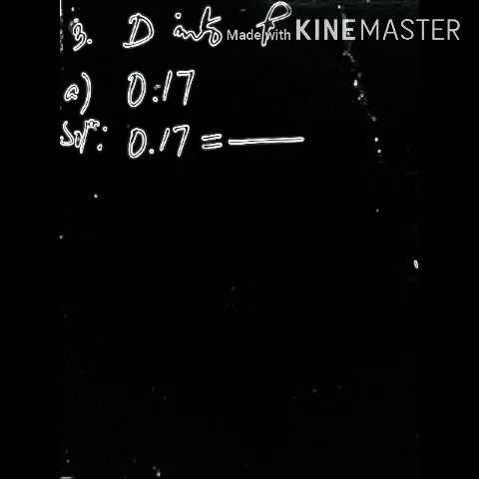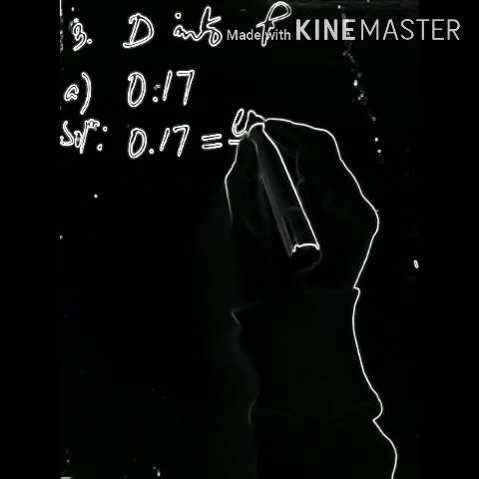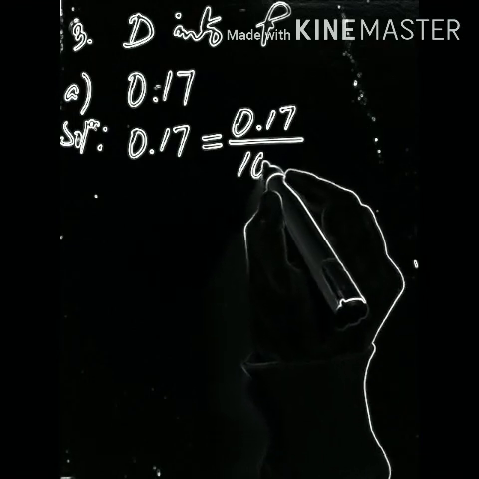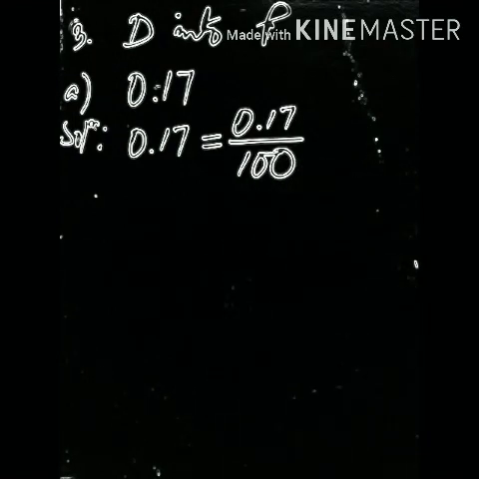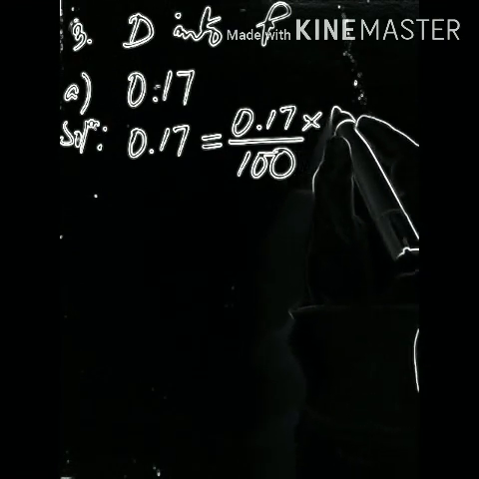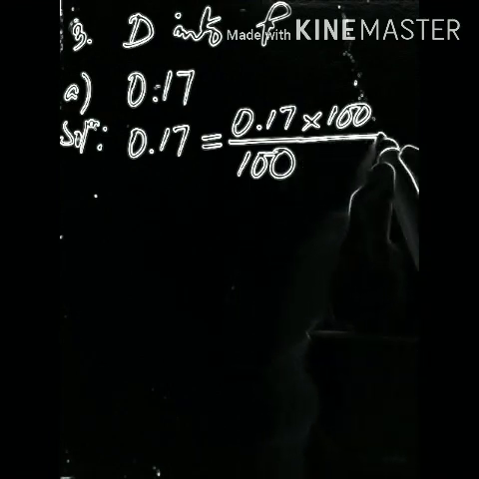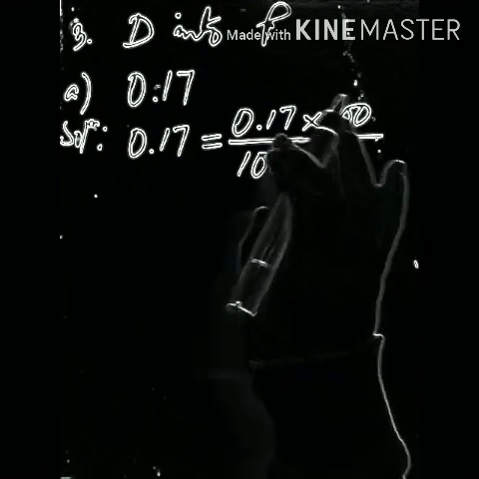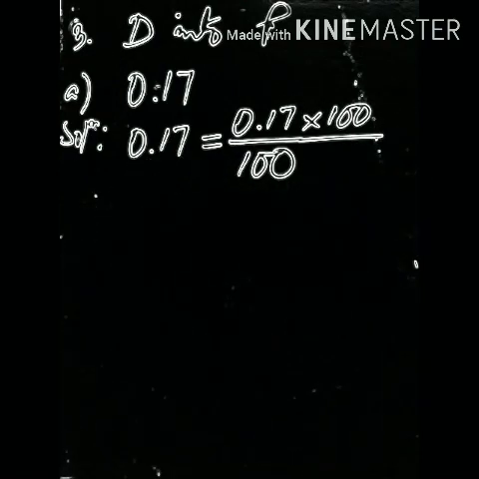In percent, we should get 100 in the denominator. So for 0.17, I divide by 100. Since I divided by 100, I need to also multiply by 100, so that this 100 and this 100 can be cancelled, and we get 1. 1 into 0.17 is 0.17.